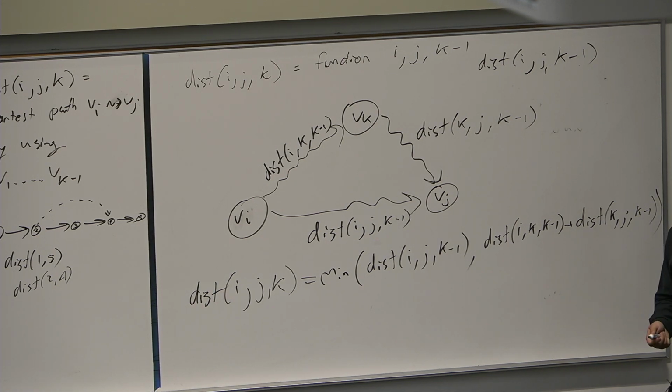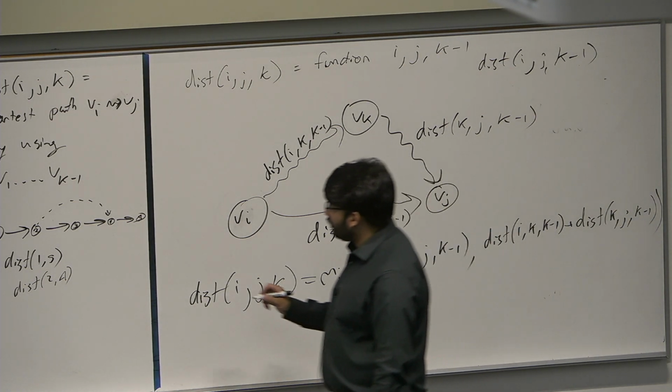Now, what order do our loops go in? How do we loop over it? The graph could contain a cycle, maybe even a negative one, so we loop over all of them. That's why it runs in V cubed.